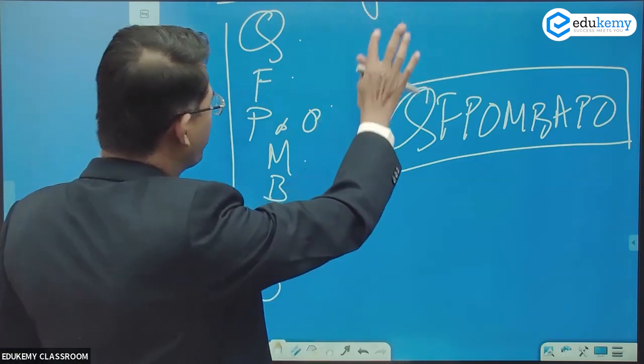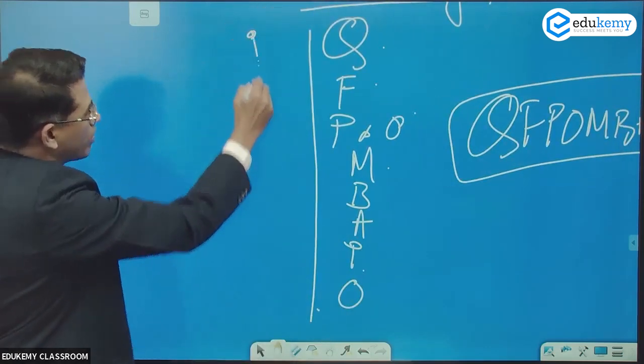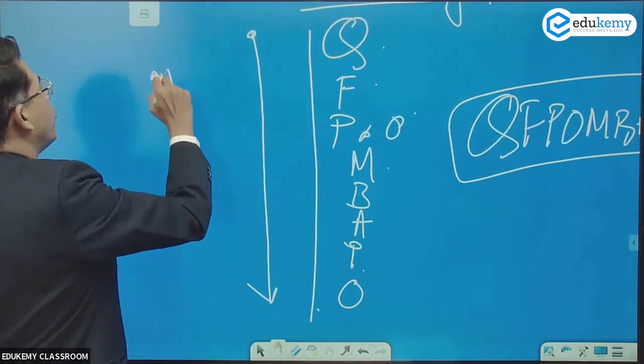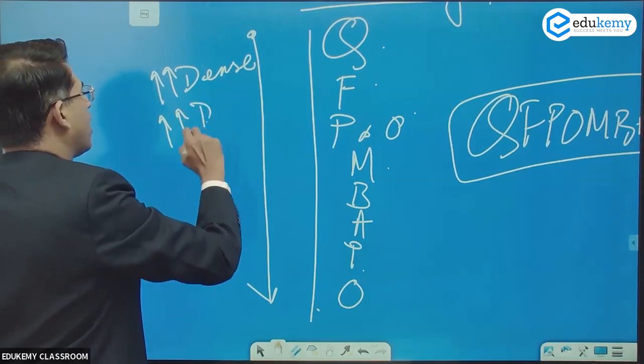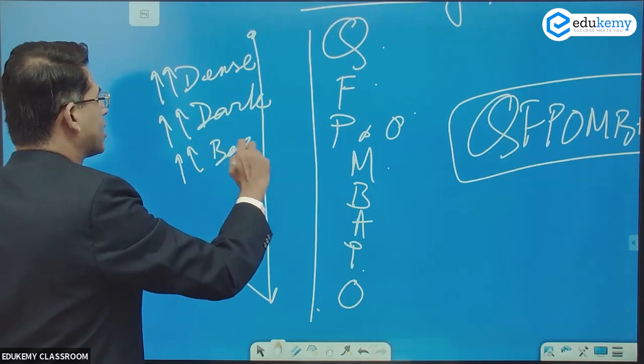Okay, Kofpombapo, you understand. Now, what is more important to us is, as you go down the list, what happens is it becomes more dense. It becomes more dark. It becomes more basic.